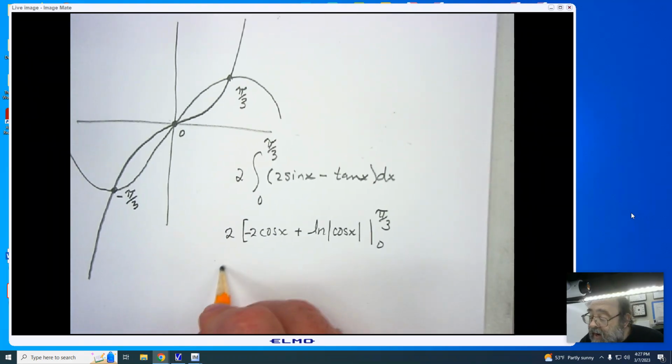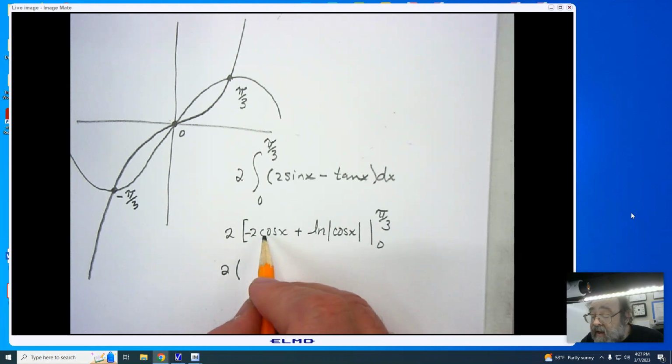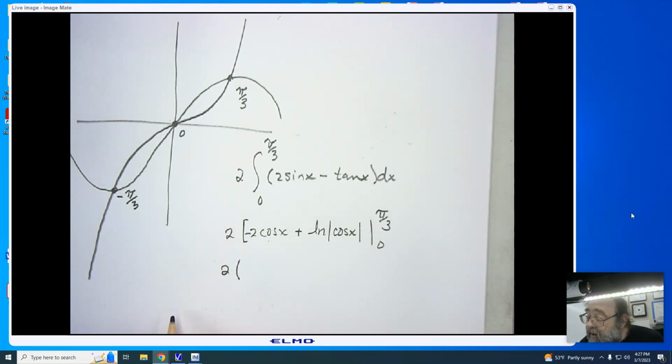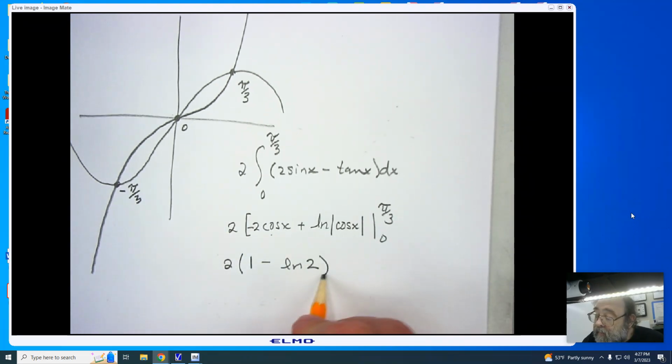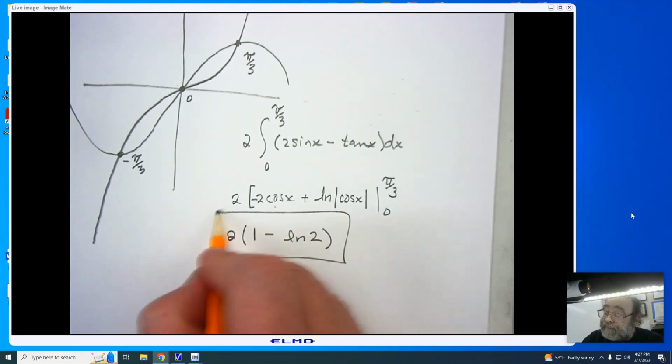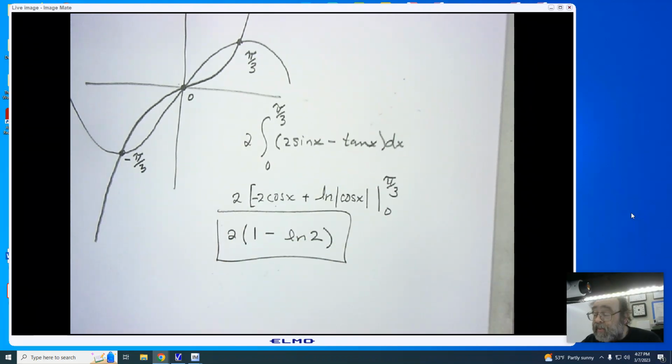When we put this in, we have 2 times. This is going to give me a negative 1/2 when I put in that pi over 3. And I'm looking at 1 minus the natural log of 2. And I'm looking at my answer right here. There's number 39.